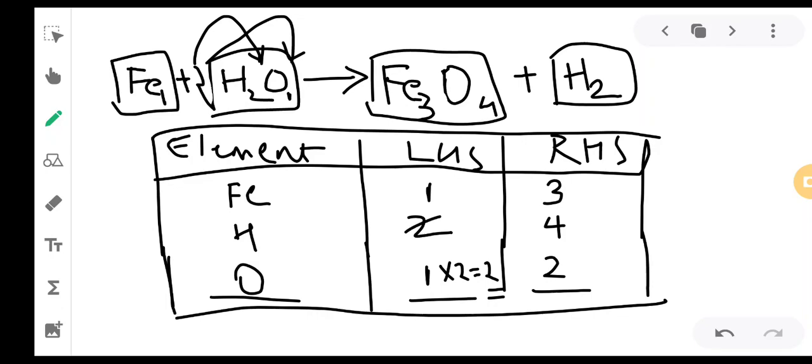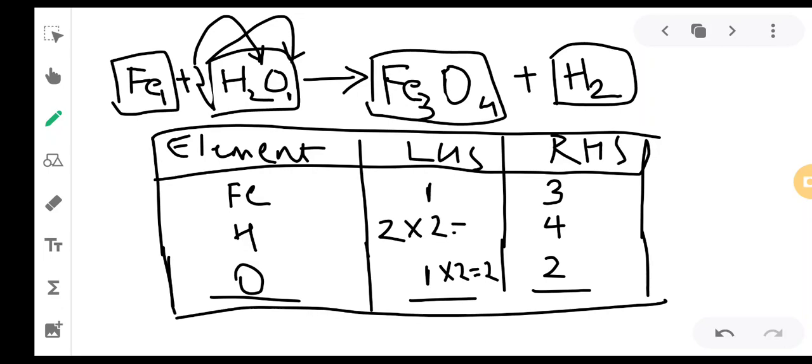And the hydrogen will become 2 into 2, so 4 in number. How? There were only 2 hydrogens present on the left hand side, so we multiplied the whole H2O by 2.